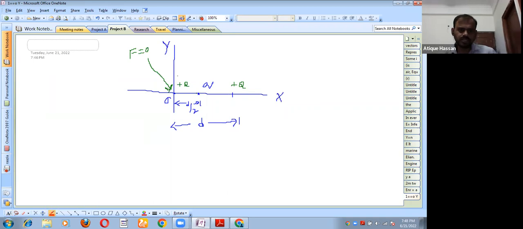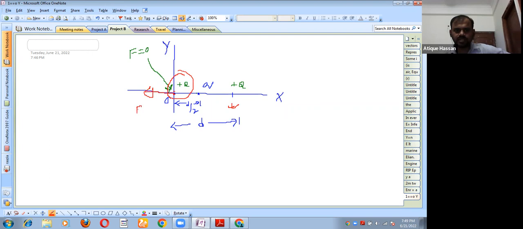If you see, for the force on this plus q charge at the origin to be 0, the electric field of this plus q will be towards left because it is a positive charge.